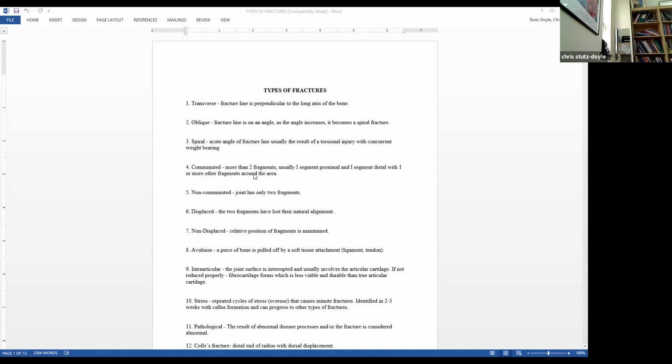An avulsion fracture is when you have a piece of bone that's pulled off with its soft tissue attachment. I think last semester I mentioned a pseudo-Jones fracture to you.